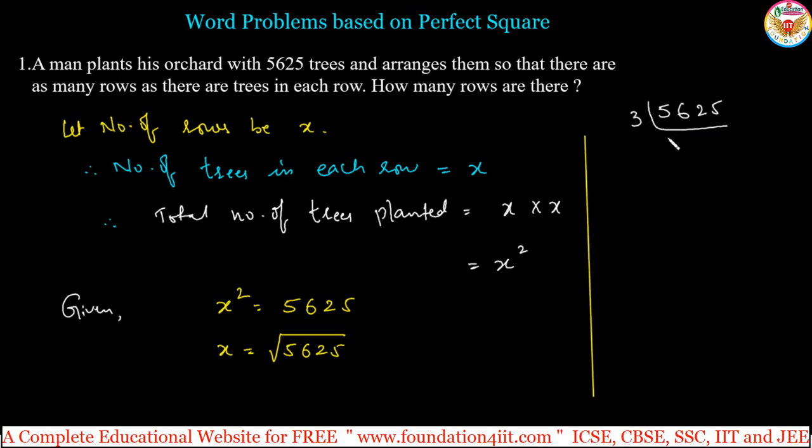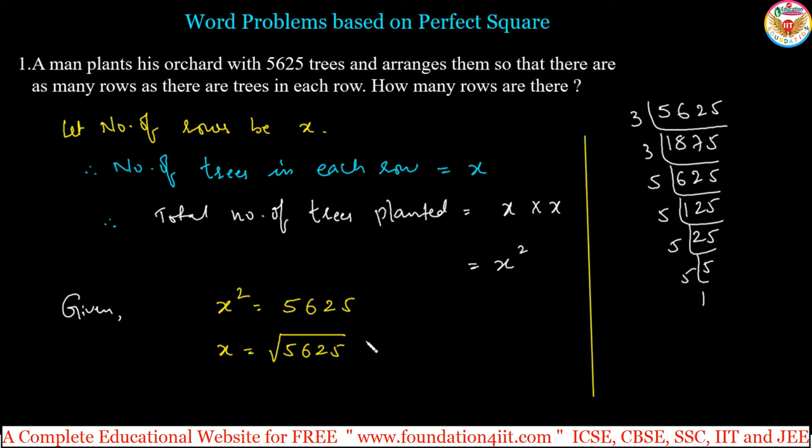And 3 table: 3 ones are 3, 3 twos are 6, 3 sixes are 18, 3 fives are 15, and then 5 table: 5 ones are 5, 5 fives are 25.